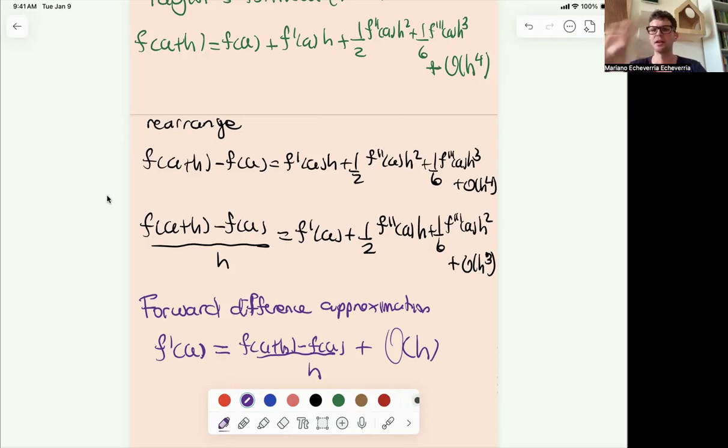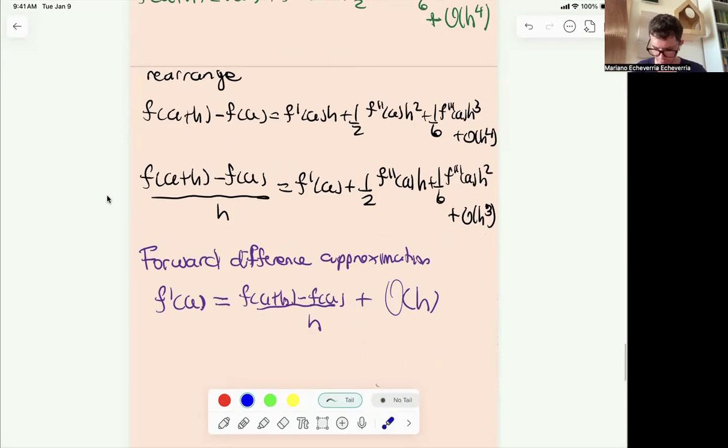But all that I'm saying is that the forwards difference approximation is basically the linear approximation. You might as well call it that, because it's not that different from what you would have done in Calc 1. The only difference is that it's giving you a little bit more detail on by how much the error is, because it's saying that if you use this approximation for the derivative, the difference with the true value depends on h.